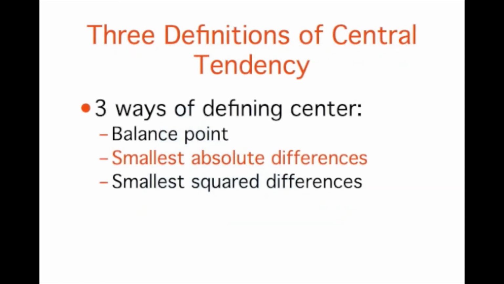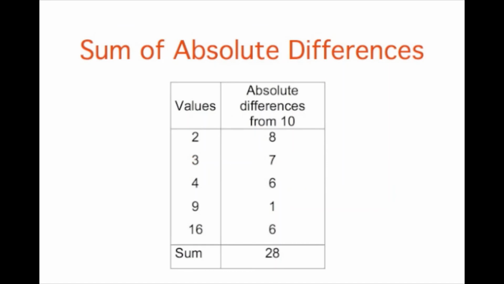Another way to define the center of a distribution is based on the concept of the sum of the absolute differences. Consider the distribution made up of the five numbers 2, 3, 4, 9, and 16. Let's see how far the distribution is from 10, picking a number arbitrarily. This table shows the sum of the absolute differences of these numbers from the number 10.